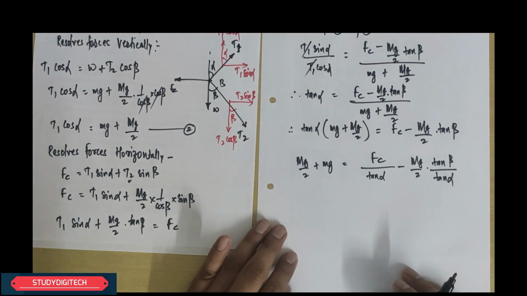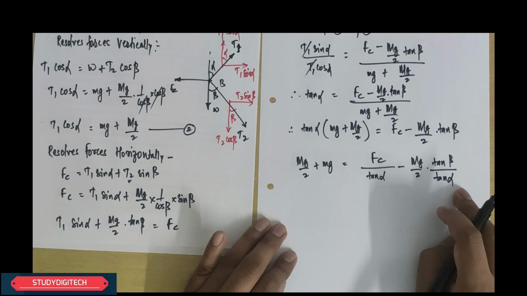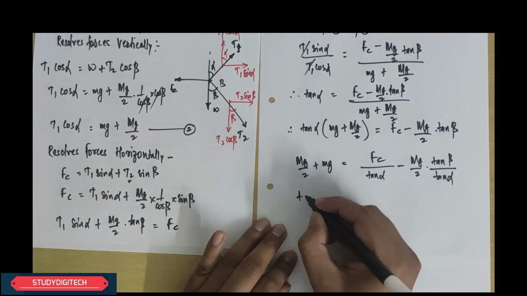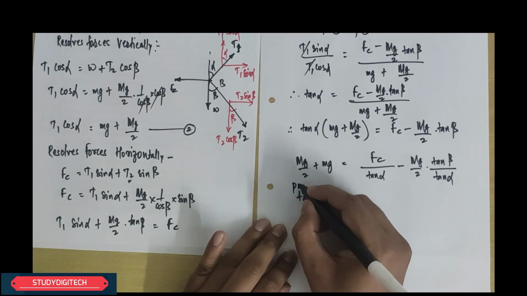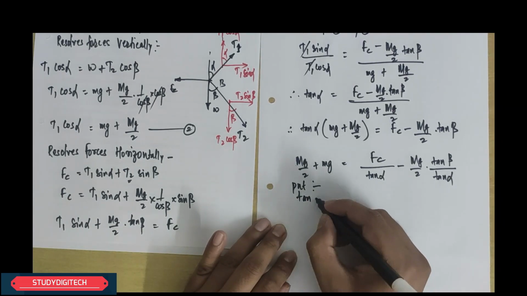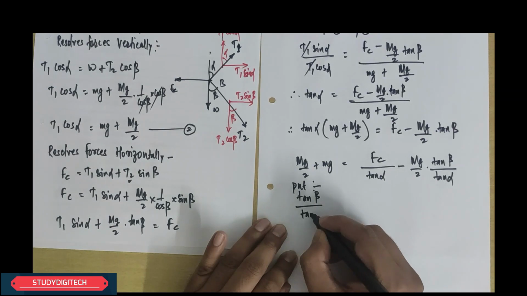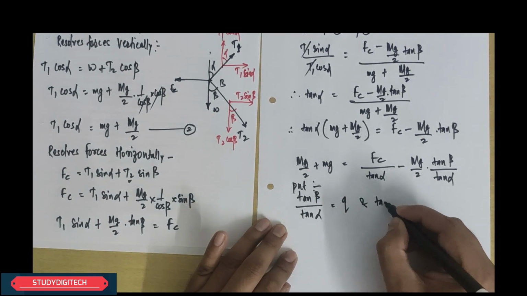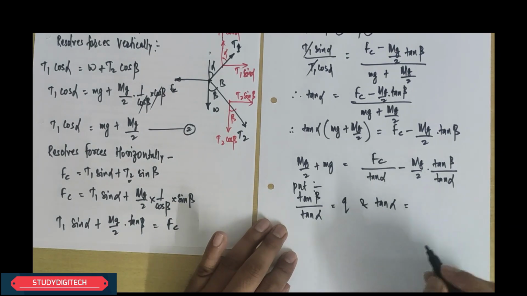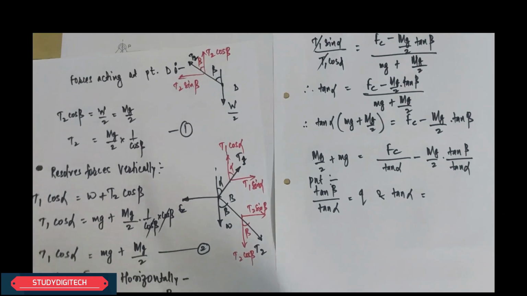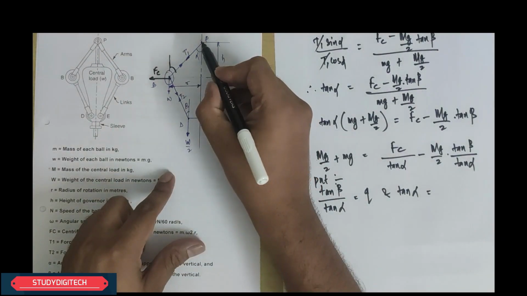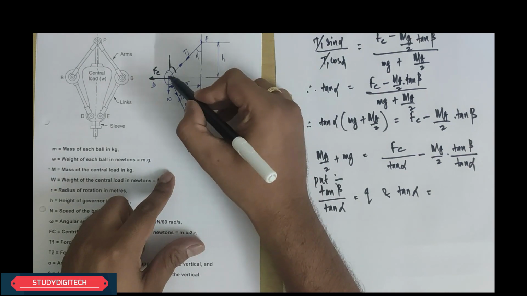So now we have this equation in which tan terms are. So we substitute tan beta divided by tan alpha, which is equal to q, and we have another term of tan alpha. So for this tan alpha, we will take this triangle PB.